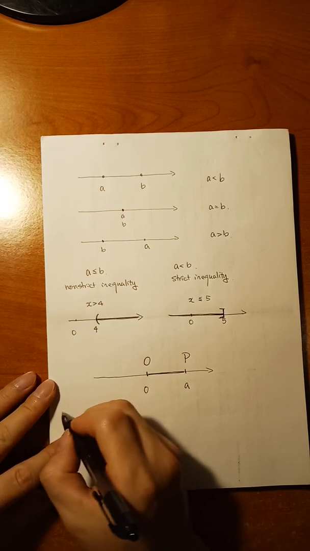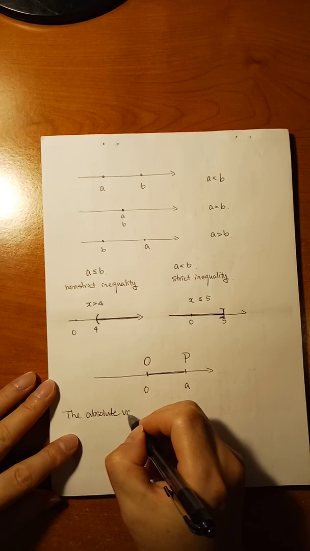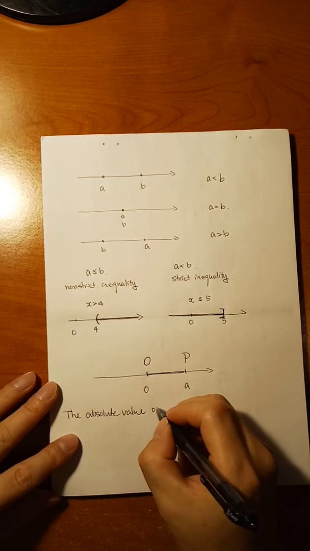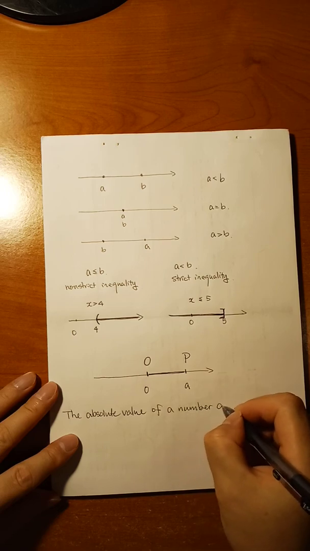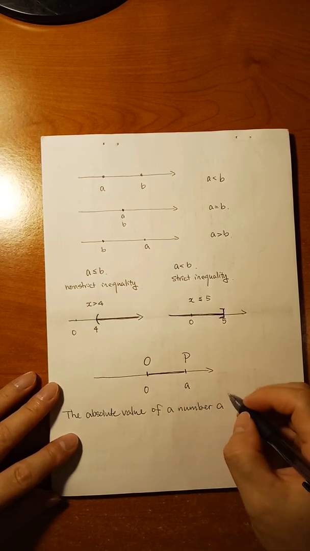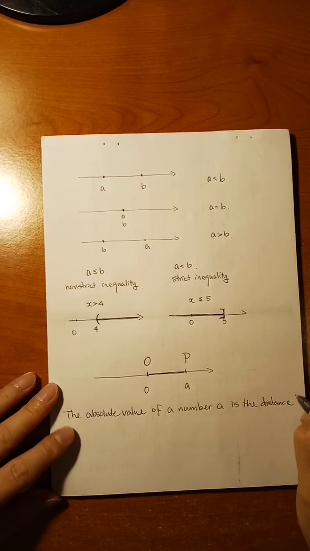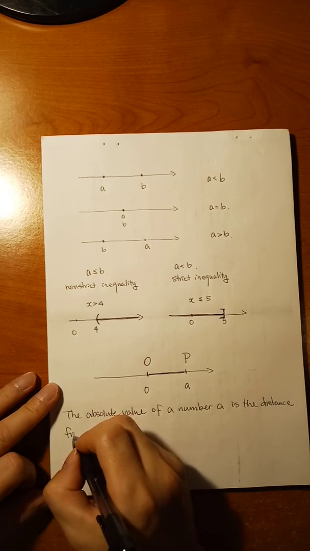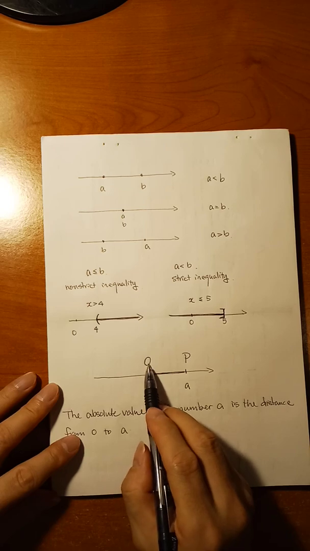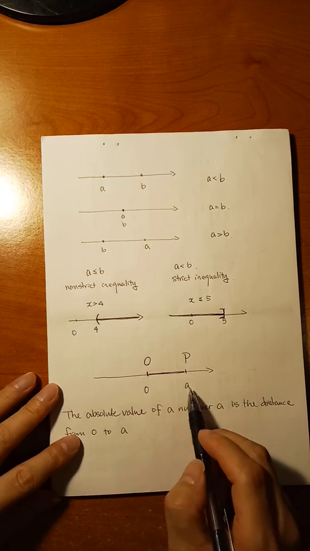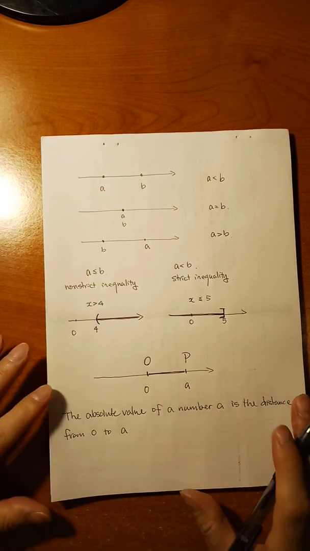The absolute value of a number A is this associated coordinate, the distance from 0 to A. Technically, it's from the origin to the point associated to the coordinate A. Okay, so that's the absolute value.